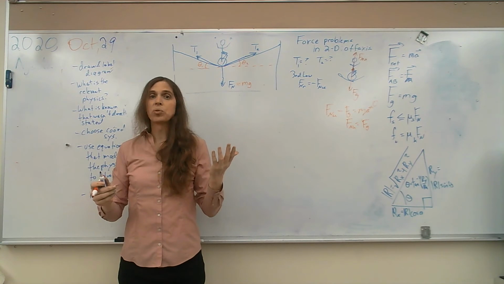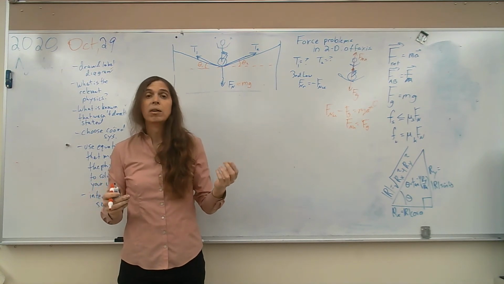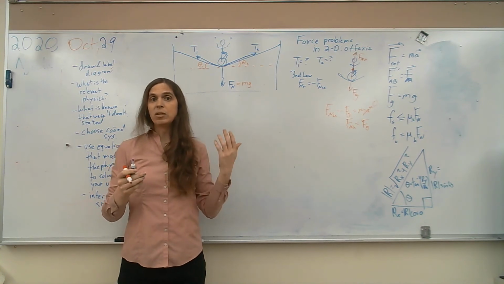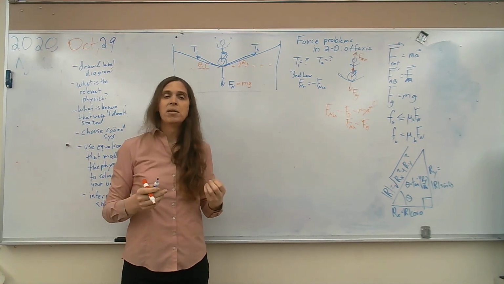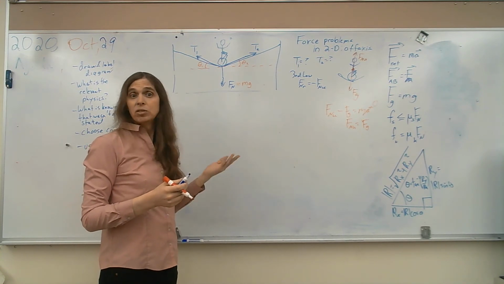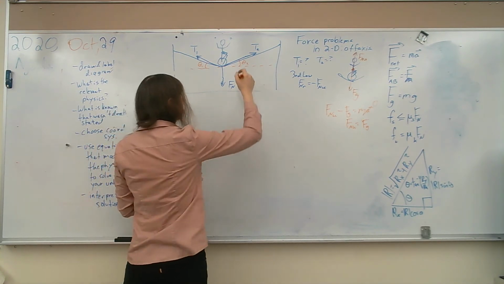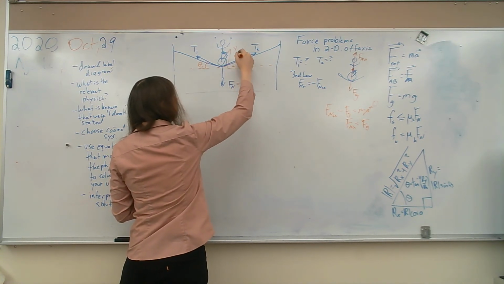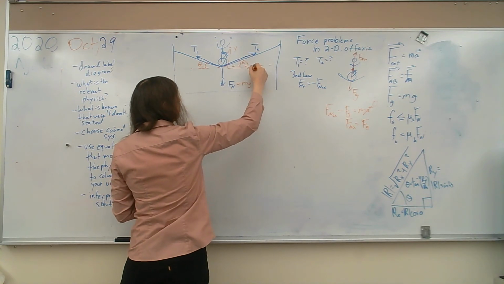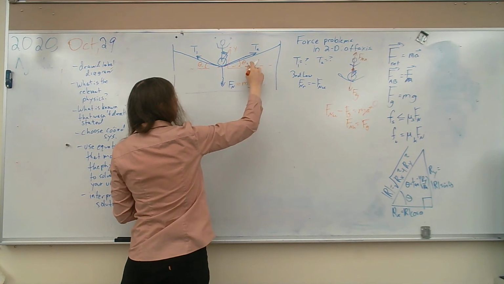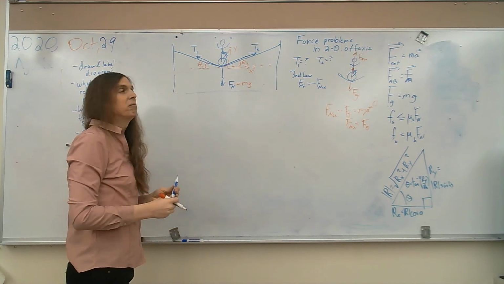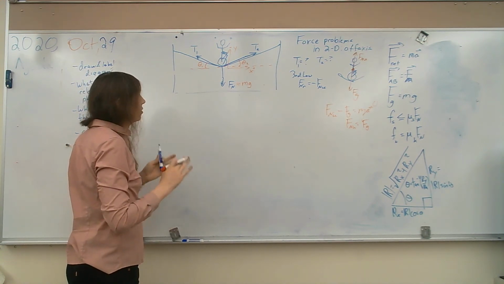So there's not really a natural coordinate axis to go with here, where you can reduce multiple things to be 0 for different components. So we may as well pick the traditional sort of xy coordinate system, where upward is positive y, and to the right is positive x in the horizontal plane, and we'll go from there.